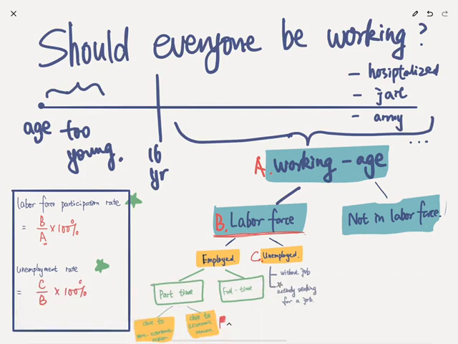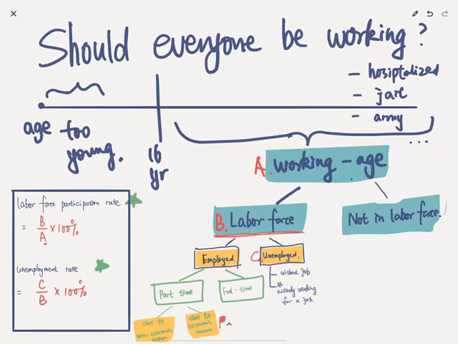individually. Labor force participation rate is calculated how? Labor force divided by working age population. And labor force equals unemployed plus employed population. These two groups make up the labor force.